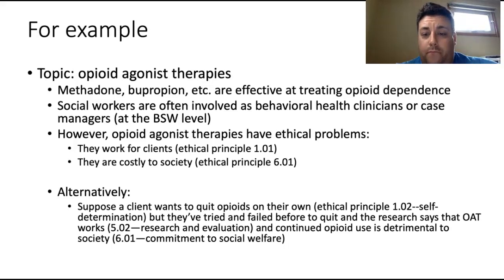And we know that opioid agonist therapies work. And continued use by this client is costly or detrimental to society. So in that case, ethical principle 1.02 would be in conflict with ethical principles 5.02 and 6.01.